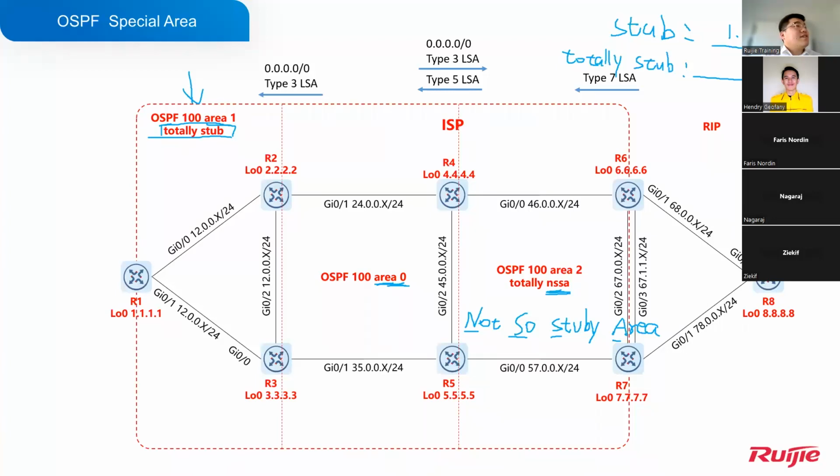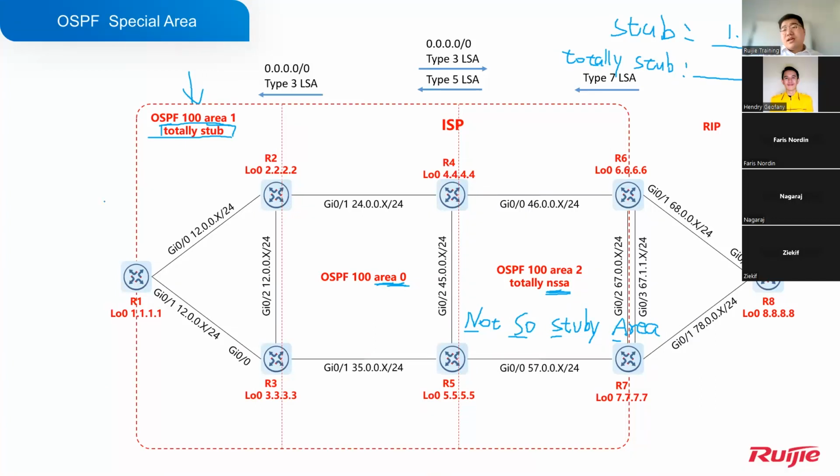Okay, I saw an answer here, so we can see the answers together. Stub area rejects type 4, type 5. So we have 1, 2, and 3. Totally stub rejects 3, 4, 5.